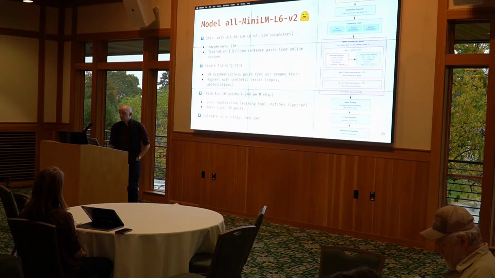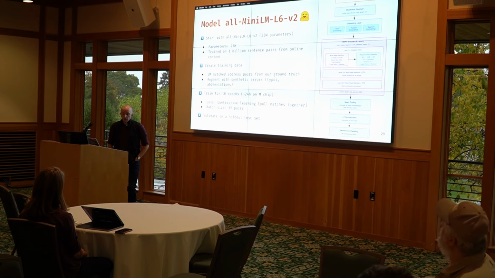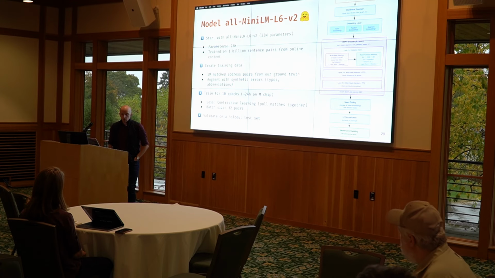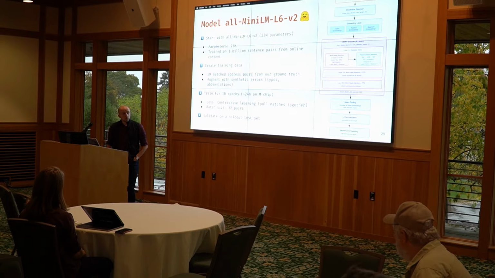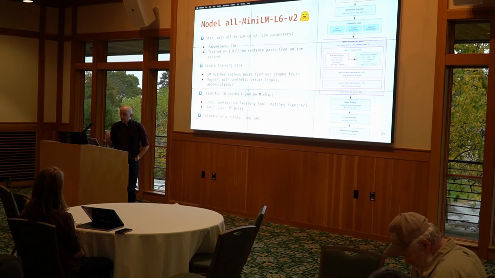And the reason I chose this model is because it was trained on over 1 billion sentences for semantic matching. So even though I couldn't find a model that was trained on exactly the problem that we're trying to solve, this is a step in the right direction, because this model was trained to look at two different sentences that were spelled differently and highlight the ones that were sharing the same semantic meaning.